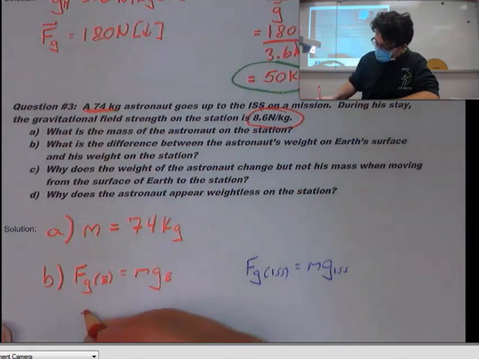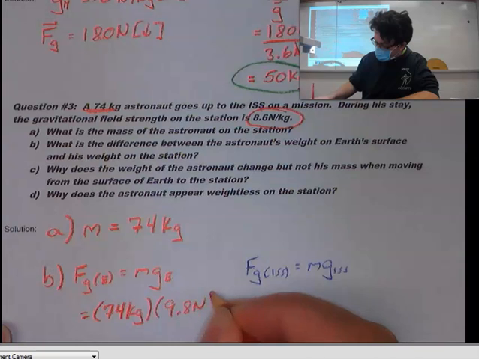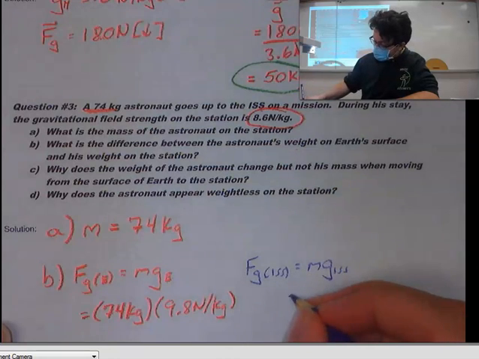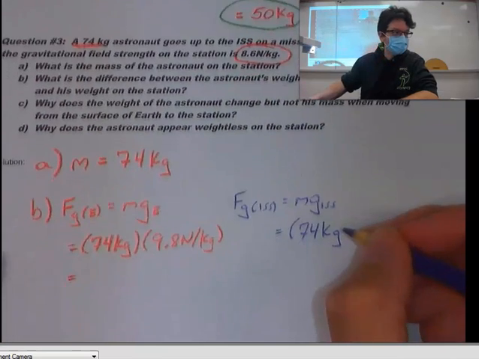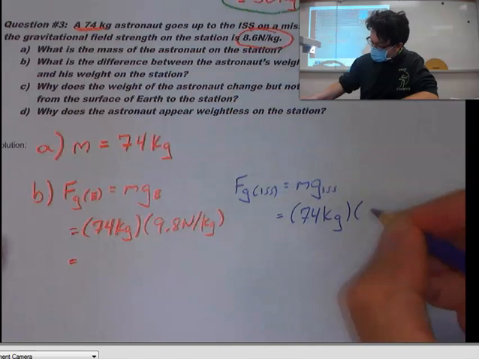Right, so on Earth, it's 74 kilograms times g, we know, is 9.8 newtons per kilogram down. Right, but for the ISS, again, mass doesn't change. That's still 74 kilograms. But the g we have is 8.6 newtons per kilogram.